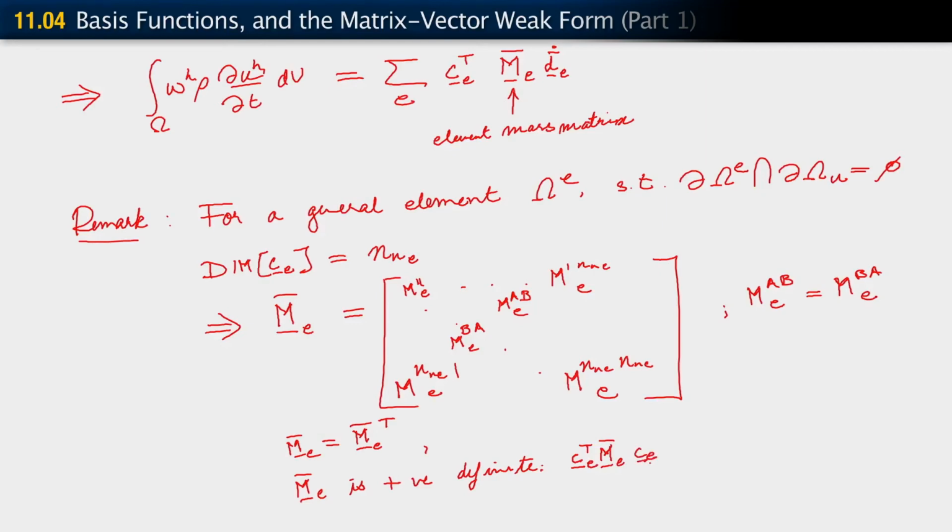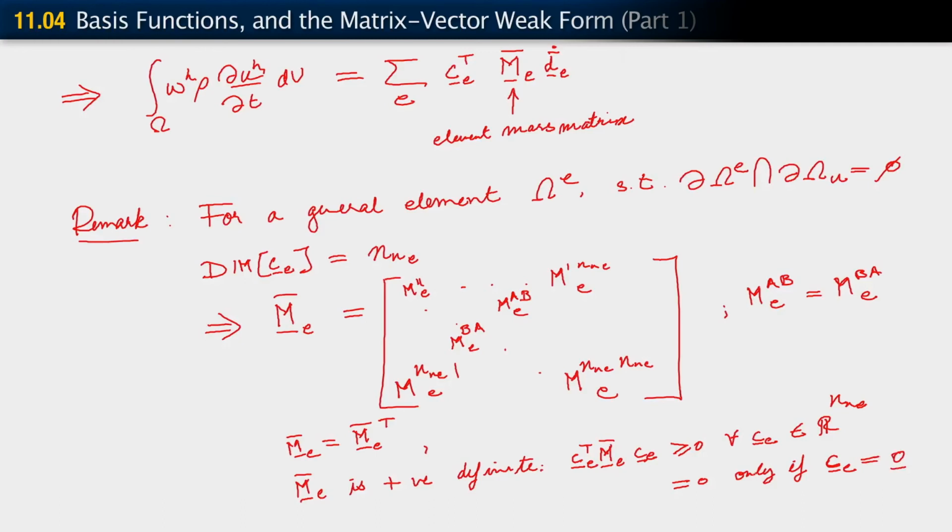and remember, C^E can be arbitrary, it could be any vector, this is greater than or equal to 0 for all C^E being NNE-dimensional vectors. And in fact, it's equal to 0 only if the C^E vector itself is equal to 0.